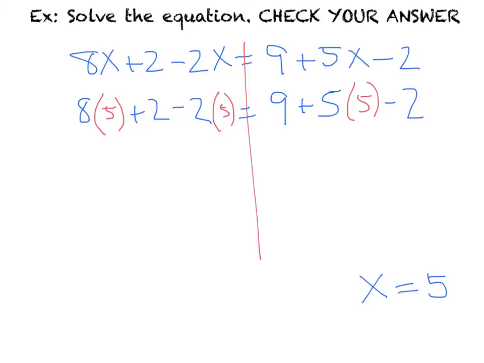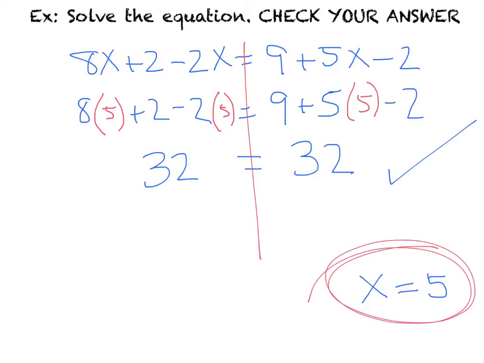If you work this out, you're going to get the left-hand side to equal 32, and you're going to get the right-hand side to equal 32. And since 32 does equal 32, we can say that we did a great job and that this was the answer.